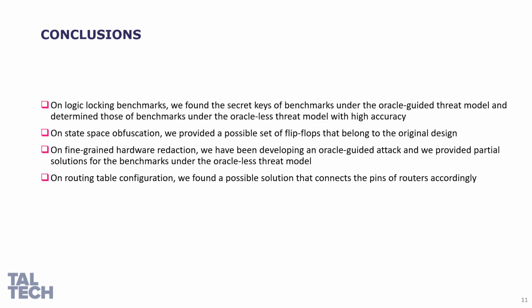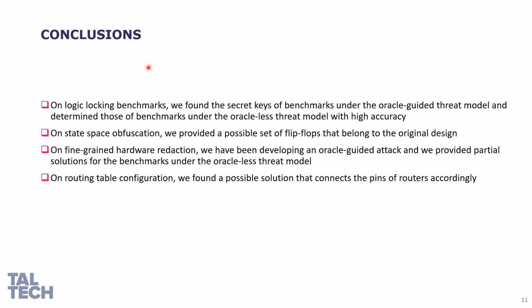Let's conclude this presentation. For the logic locking benchmarks that fall under the category of the Oracle guided threat model, we found all the secret keys for all the benchmarks. And for the benchmarks that are related to the Oracle-less threat model, we also found the keys with higher accuracy. And for the state space obfuscation, we provided a set of flip-flops that actually belong to the original design in the obfuscated design.